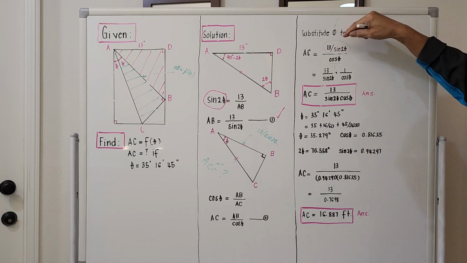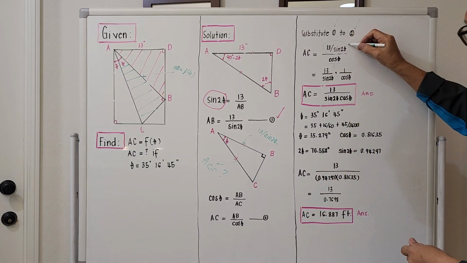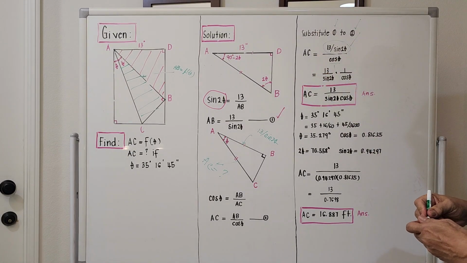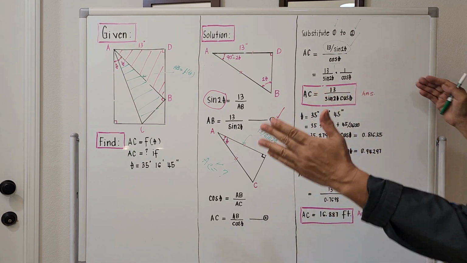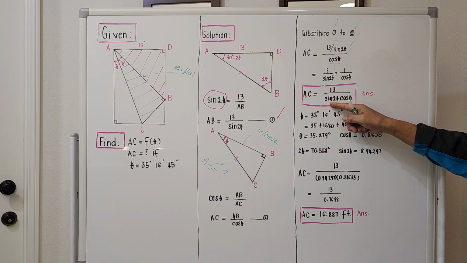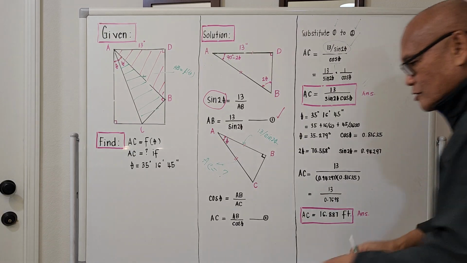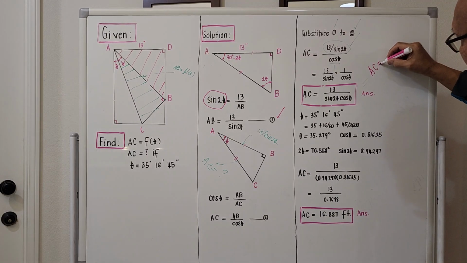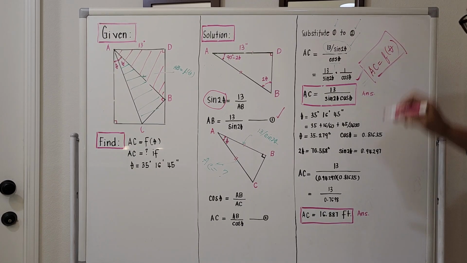So we rewrite the numerator, then multiply by the reciprocal of the denominator. Simplifying, AC will be 13 over sine of 2 theta times 1 over cosine of 2 theta. So we are now given AC as a function of theta, and that's our answer.